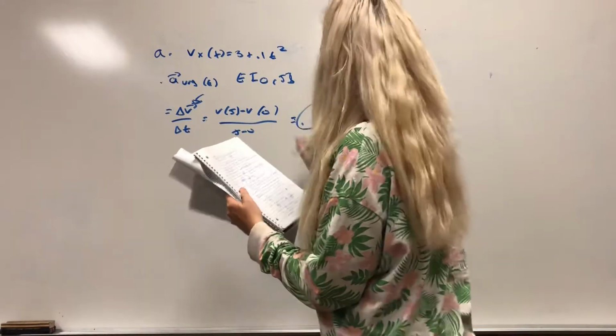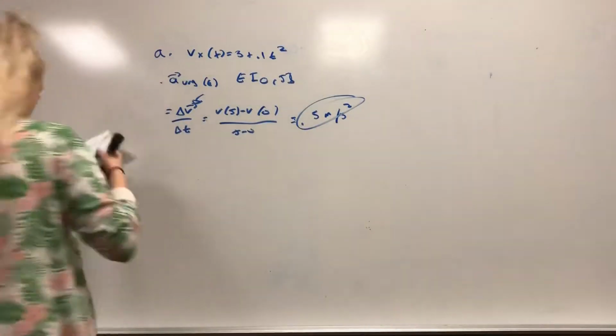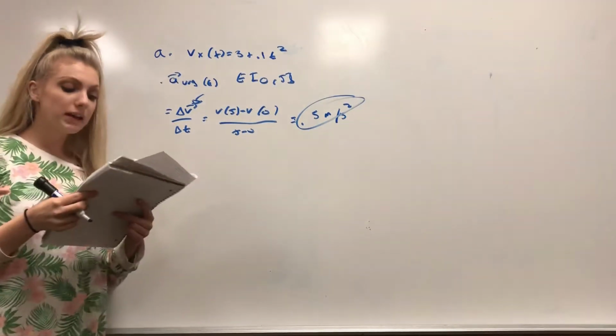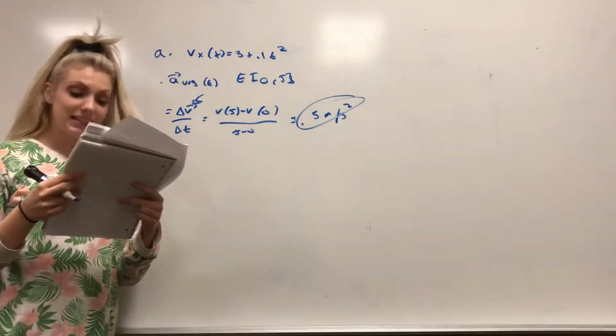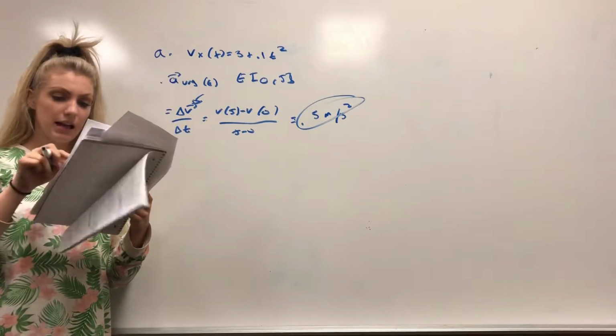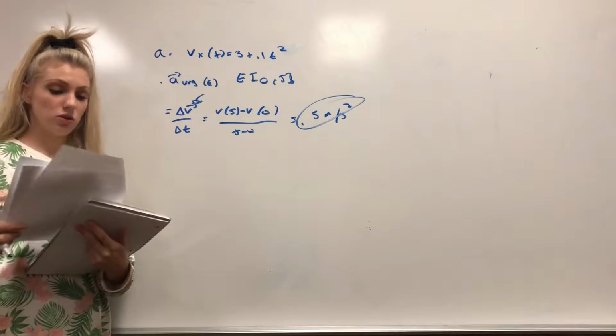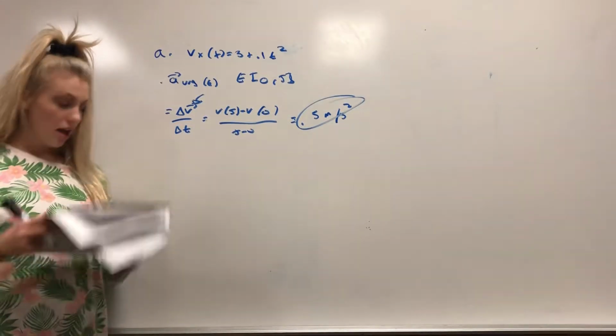second squared. Alrighty, so part B is asking, calculate the instantaneous acceleration for t equals 0 and t equals 5. This is really similar to question 1 that I did earlier.